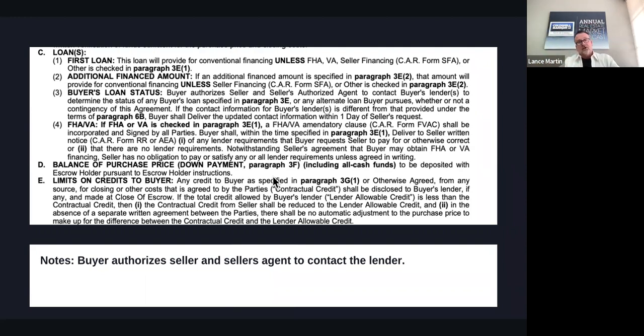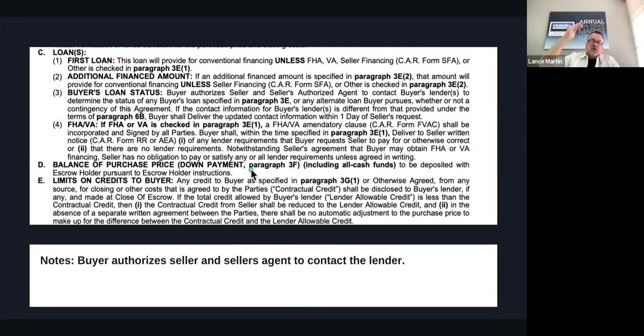They bring in the additional $7,255. That's what paragraph D is referring to. It's the balance of the down payment and or additional funds that are in effect required to close.